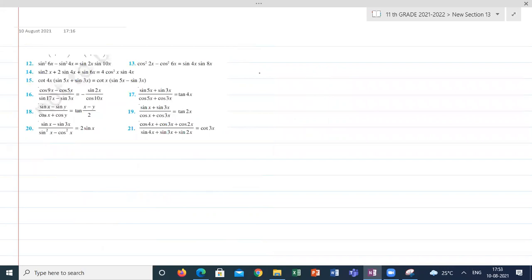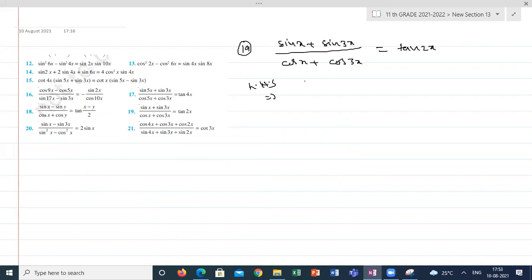When it comes to question number 19, (sin x + sin 3x) divided by (cos x + cos 3x) is equal to tan 2x. This is also the same method. I'm taking the LHS.